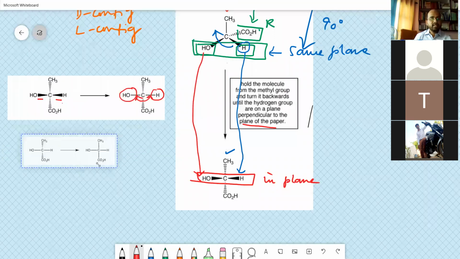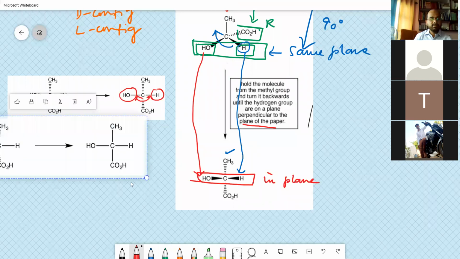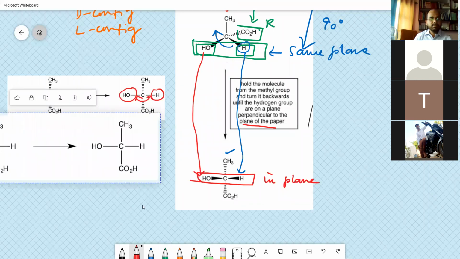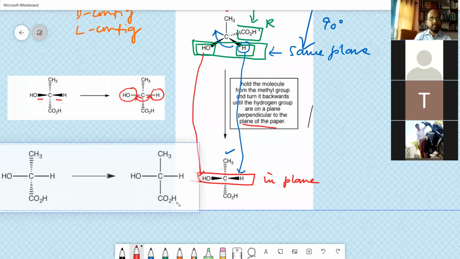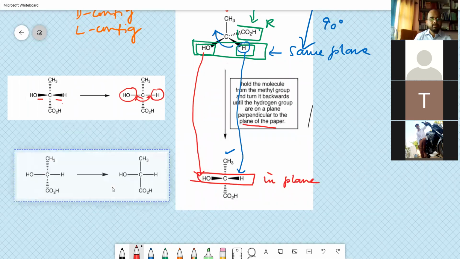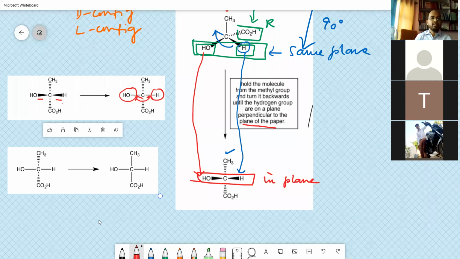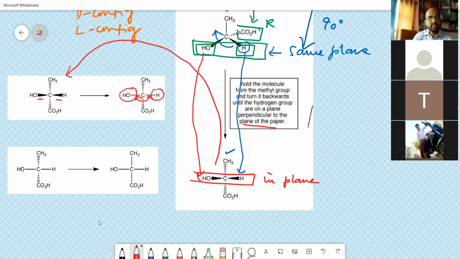So here it is, the third. Can you see the difference? So here by rotation you get this structure, and this is written like this, and this is again taken and written into complete planes.